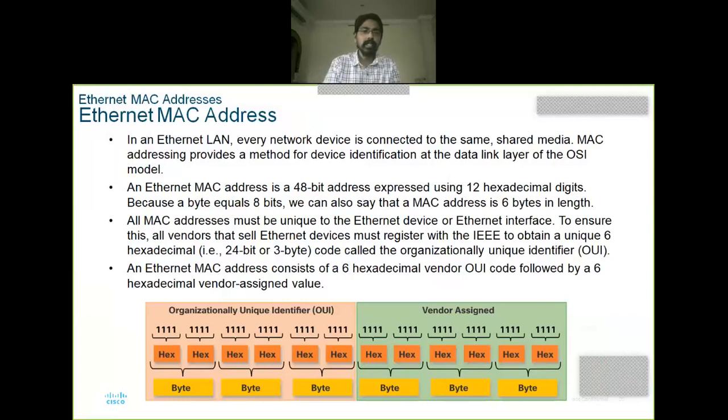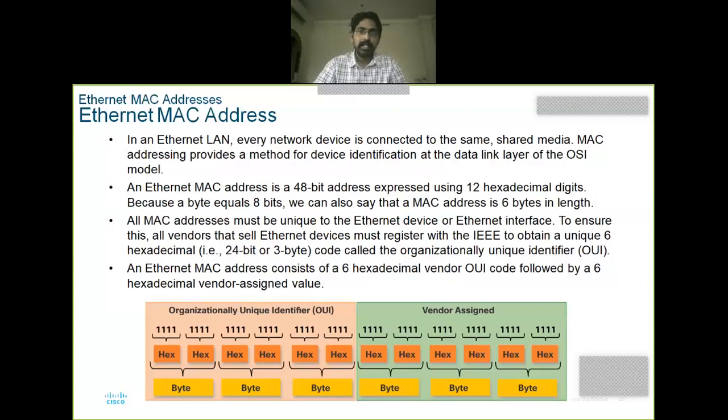First group is called the organizationally unique identifier. Second one is the vendor assigned address, OUI and vendor assigned address, right? So what is the difference between these two things? Vendor means the manufacturing company.